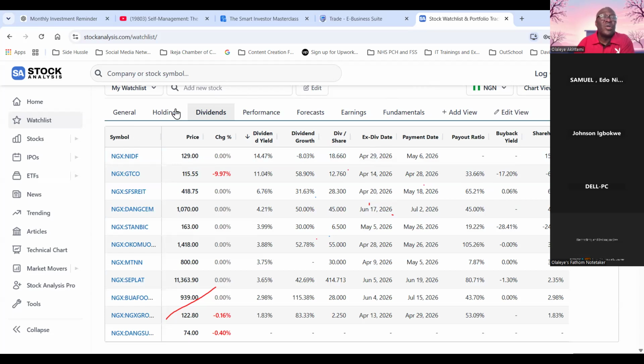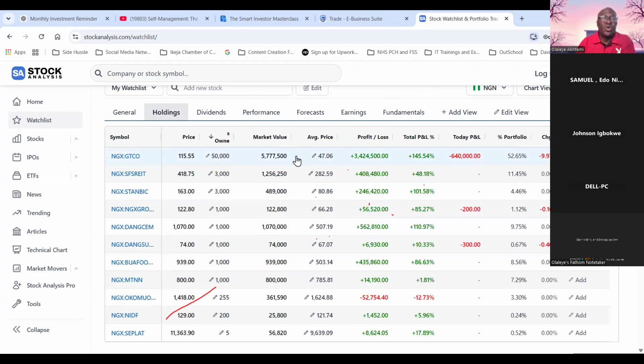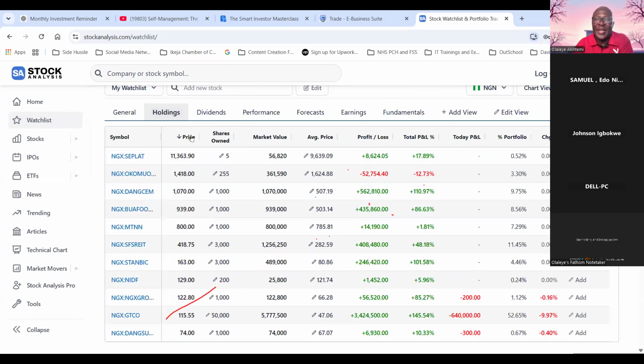Okay, so let's do a quick one. You can now arrange your stocks in different ways. It gives you a bigger picture of your stocks. If I want to arrange my stocks according to which one has the highest price, in my portfolio now the stock with the highest unit price is Seplat, followed by Okomu, followed by Dangote Cement, and so on.